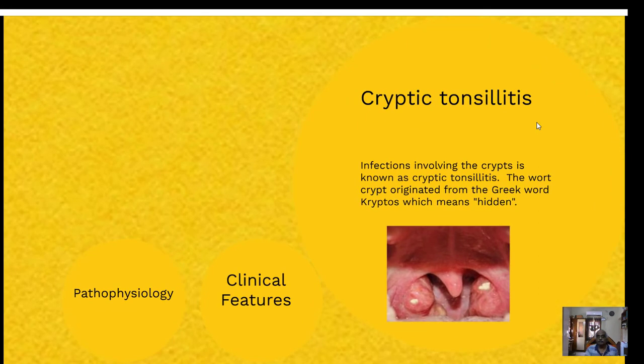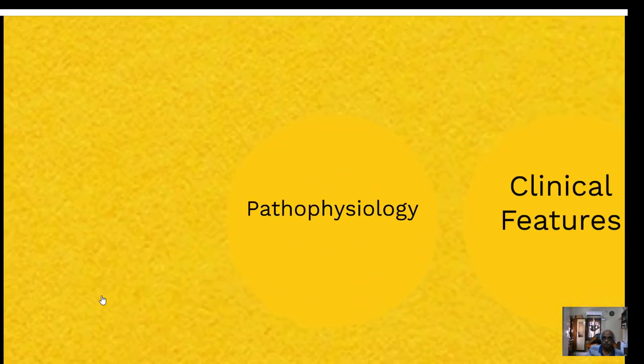Then comes the cryptic tonsillitis. This is actually the involvement of infection in the crypts of the tonsil. The word crypt comes from the Greek word cryptos, which means hidden. There is an interesting aspect to this cryptic tonsillitis.